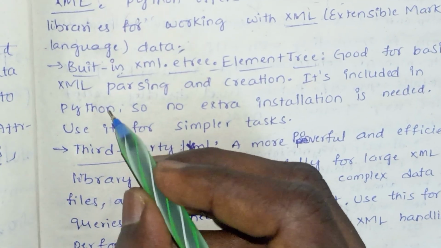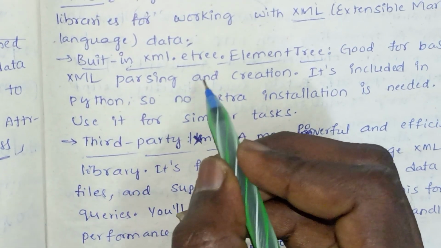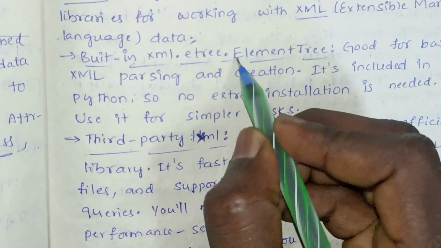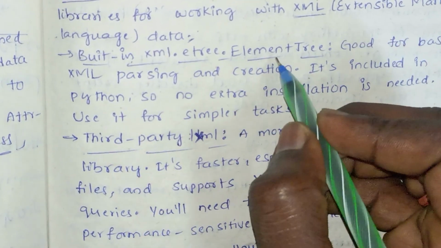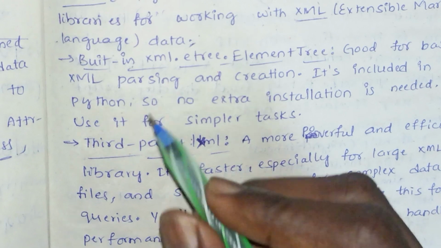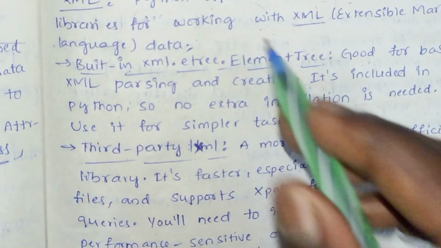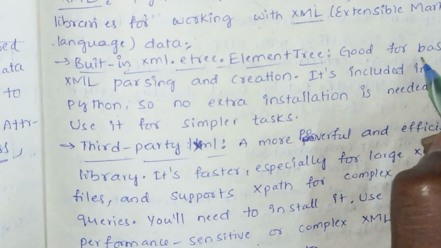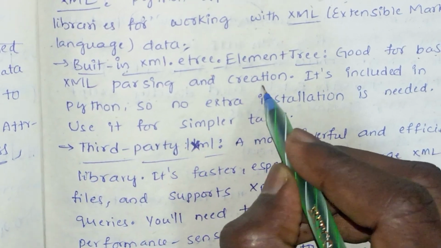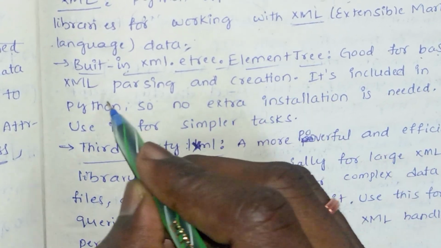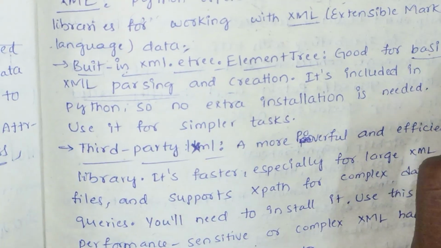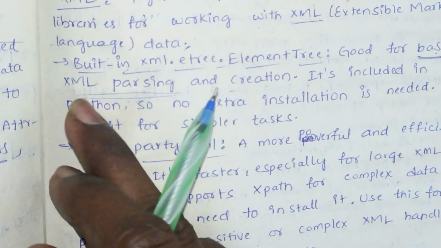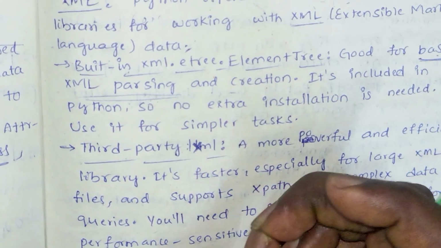See, built-in: xml.etree.ElementTree. ET is nothing but ElementTree. This is a built-in way of working with XML in Python, good for basic XML parsing and creation. This is only for basics, just basic XML parsing and creation of XML.